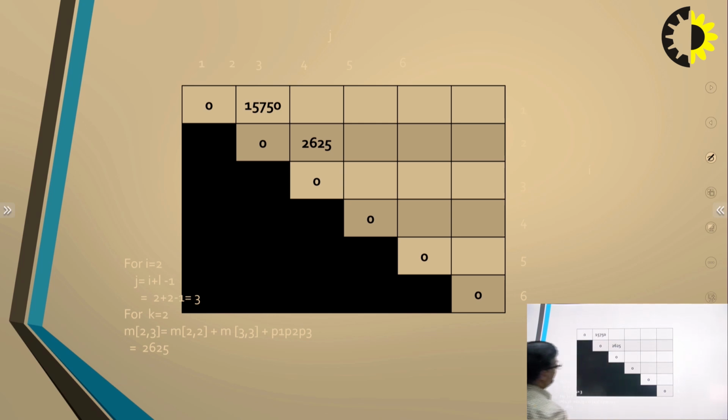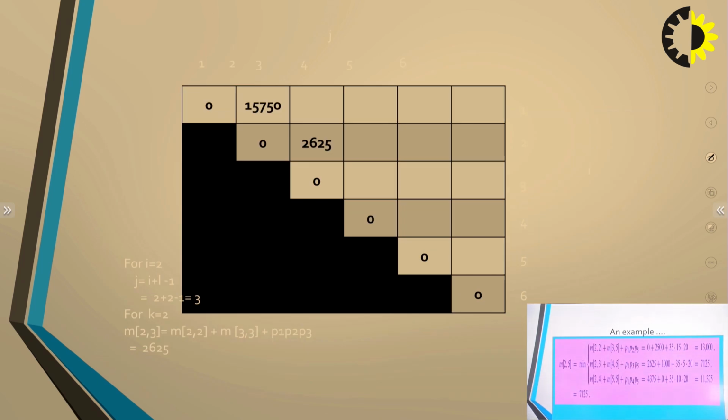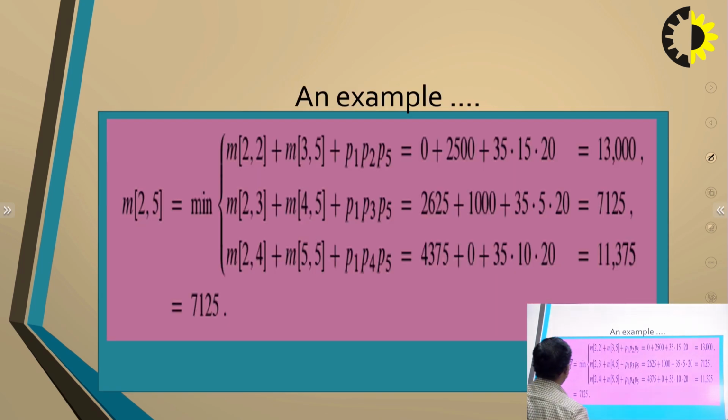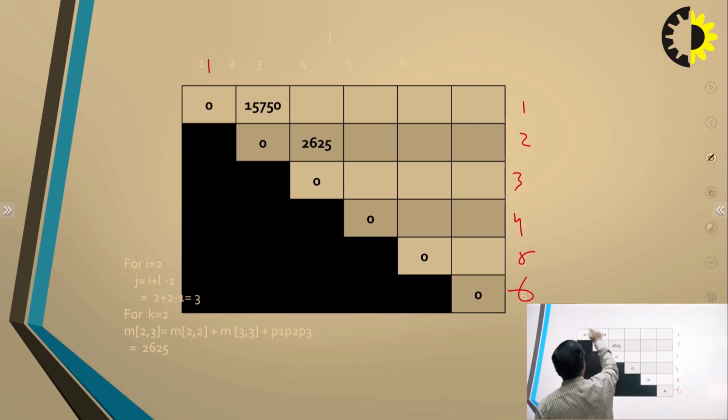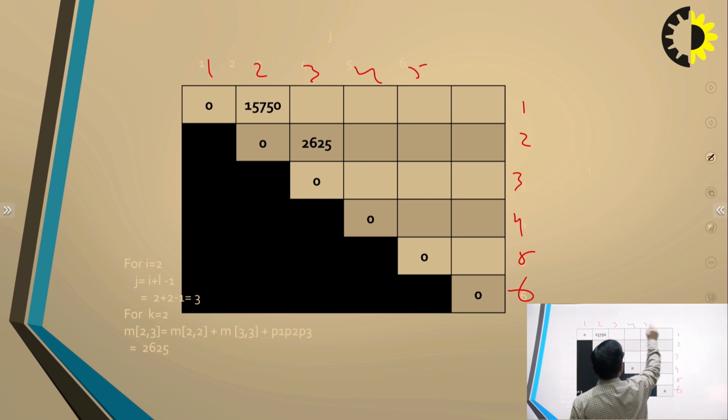Okay, these are the examples. Again we will consider M[2,5]. This is how we fetch the value 2,5.